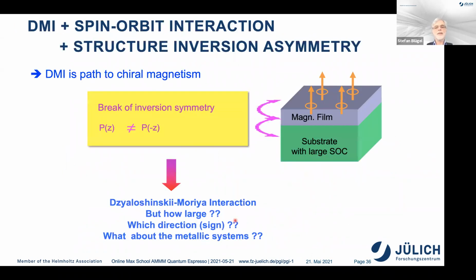So I have shown you that the break of the inversion symmetry is a path to chiral magnetism. And of course, we had to learn a lot about the strength of the Dzyaloshinskii-Moriya interaction as a function of the electronic structure and so on.